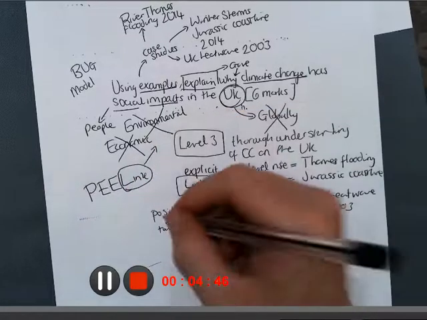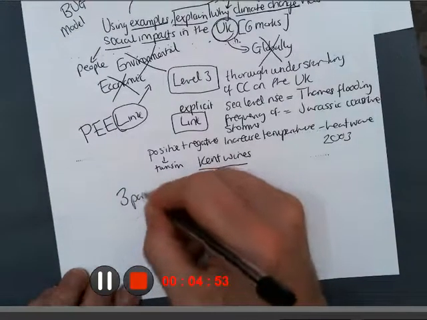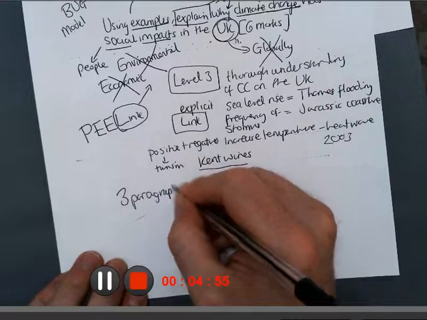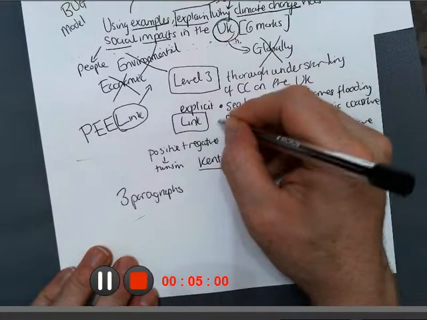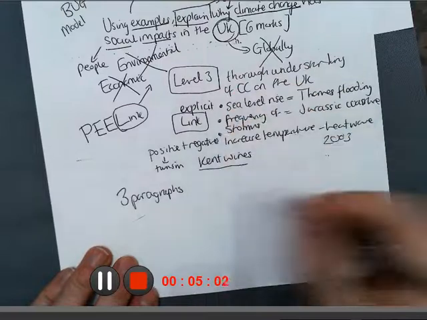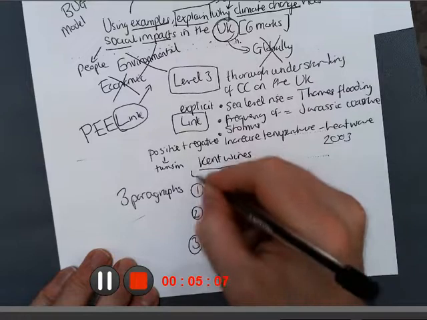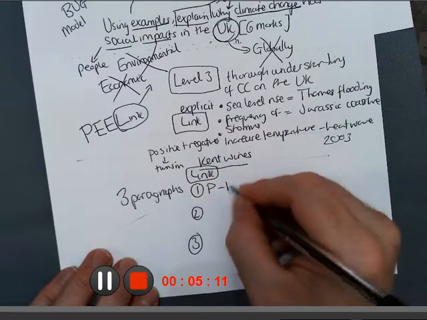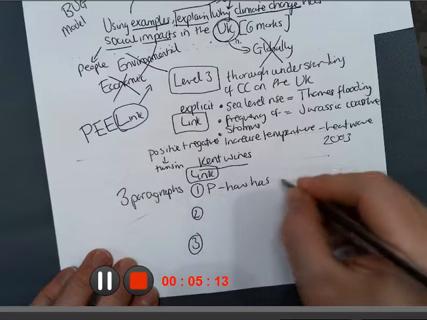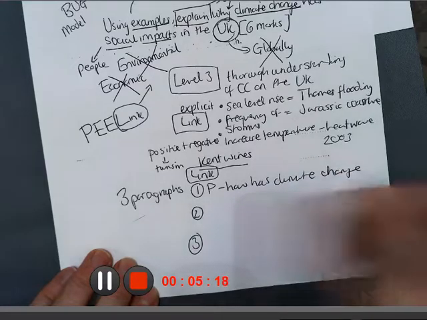So the first couple of sentences, I would then go to 3 paragraphs here, and if I move it down, 3 paragraphs. For my point, I'm going to use these 3 points up here, which will form my 3 paragraphs, excluding the link at the start. Then I say my point: how has climate change affected the UK?